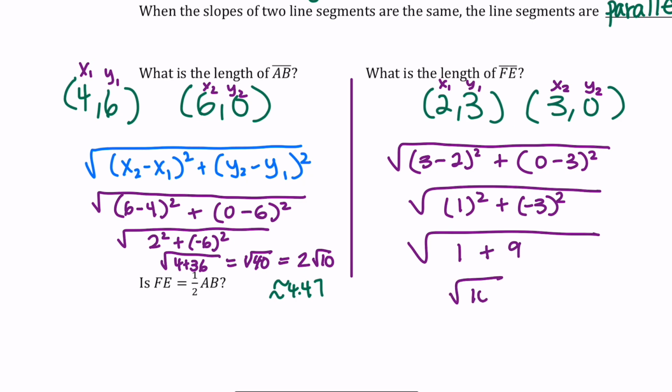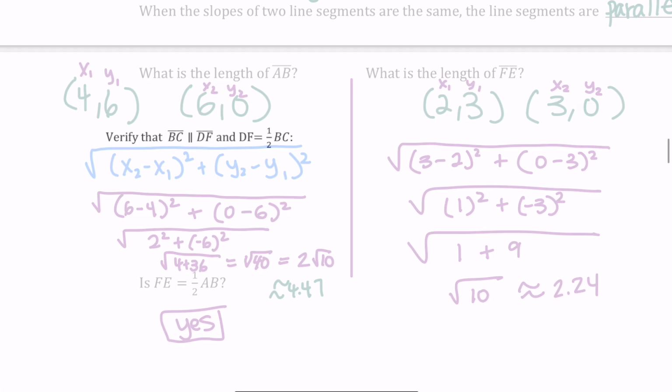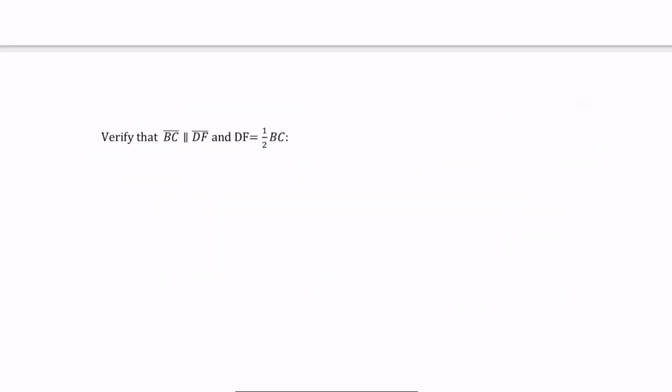So this is going to give us the square root of 10, and the square root of 10 is about 2.24. And with the rounding errors, if you double this it is going to be exactly the same. So square root of 10 versus 2 square root of 10. So is FE exactly 1/2 of AB? Yes, it is.